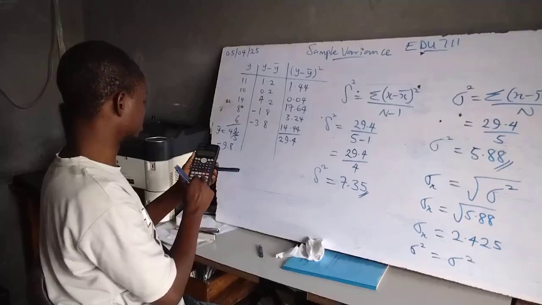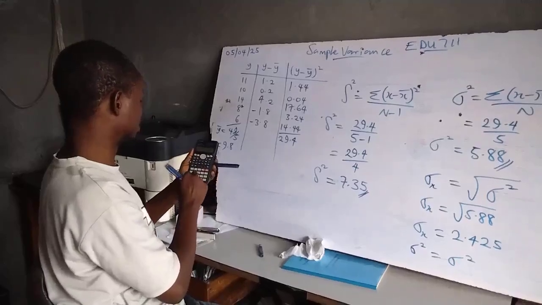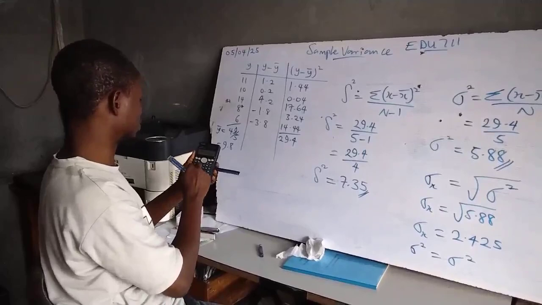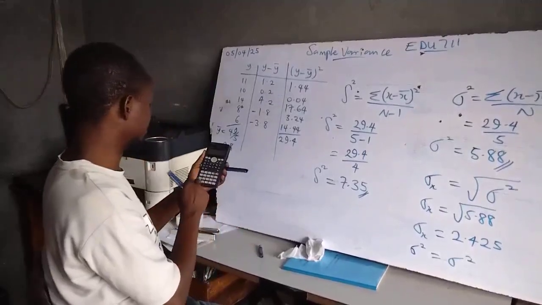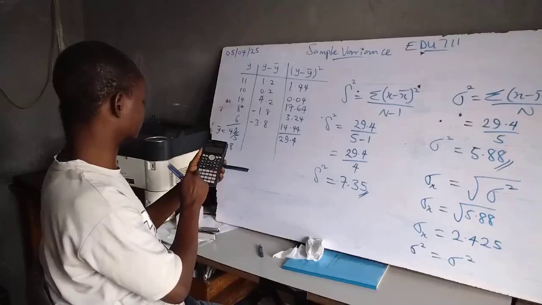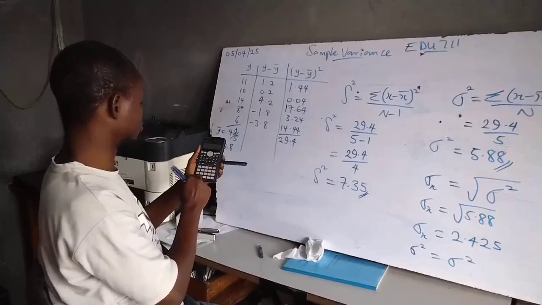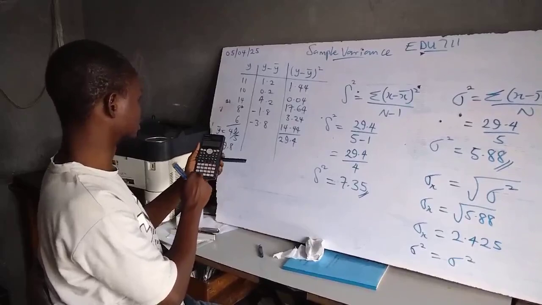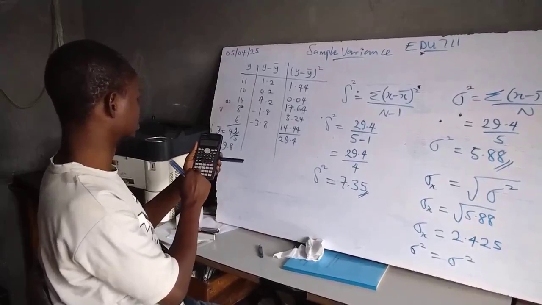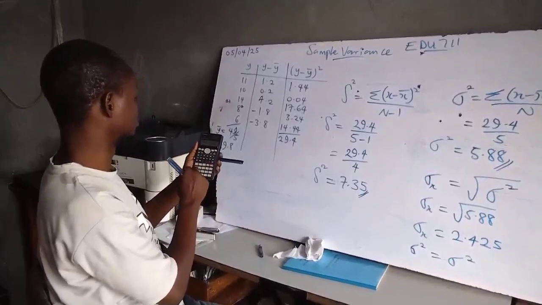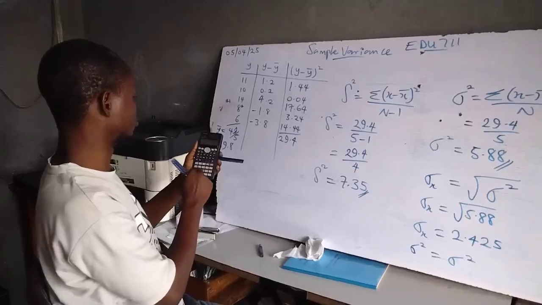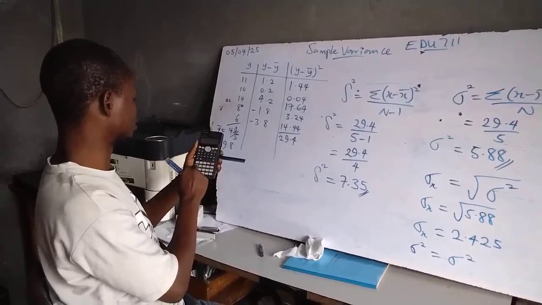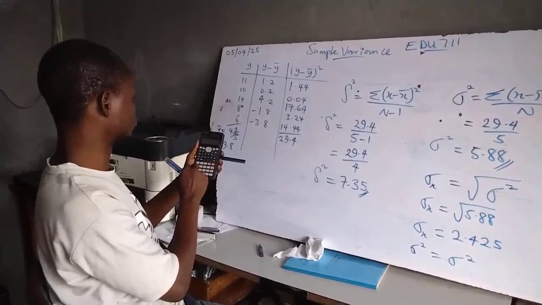1.8 square is correct. 3.8 square is also correct. So the total value here is 1.44 plus 0.04 plus 17.64 plus 3.24 plus 14.24.